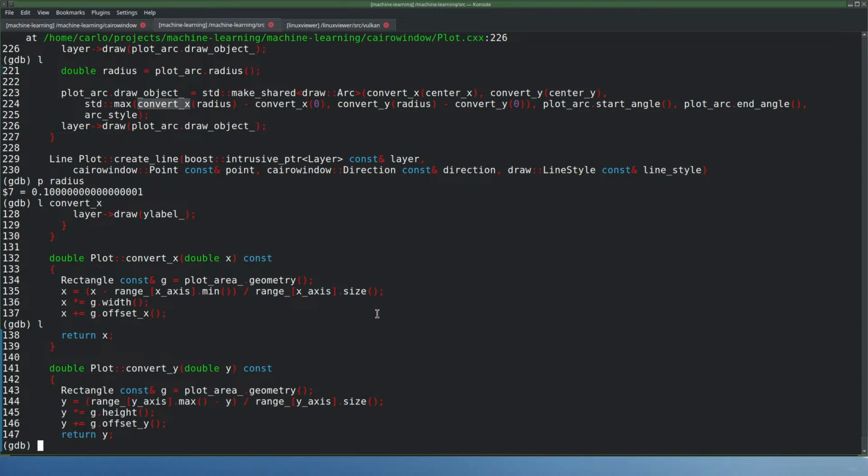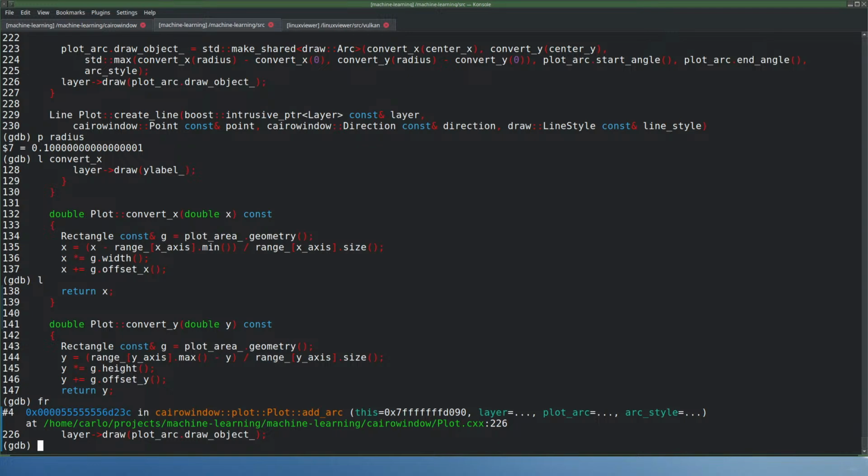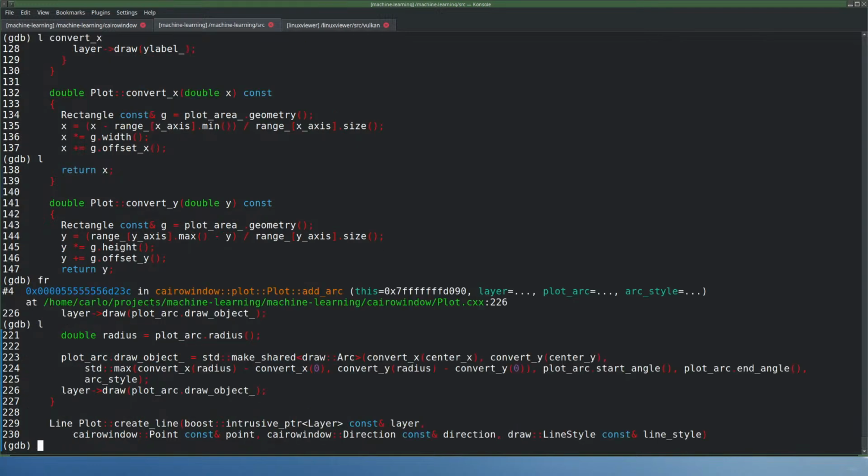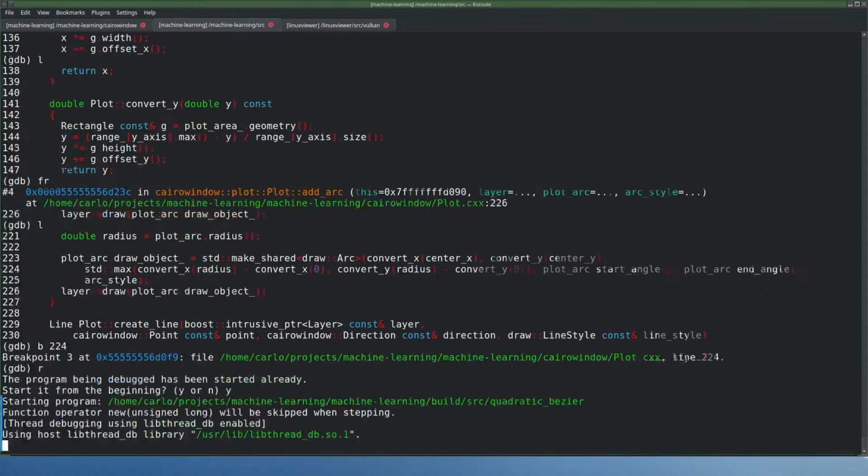I guess I should put a breakpoint, like 224. Down. No, there's no down. I just listed it. Frame. Break 224. Try it again.